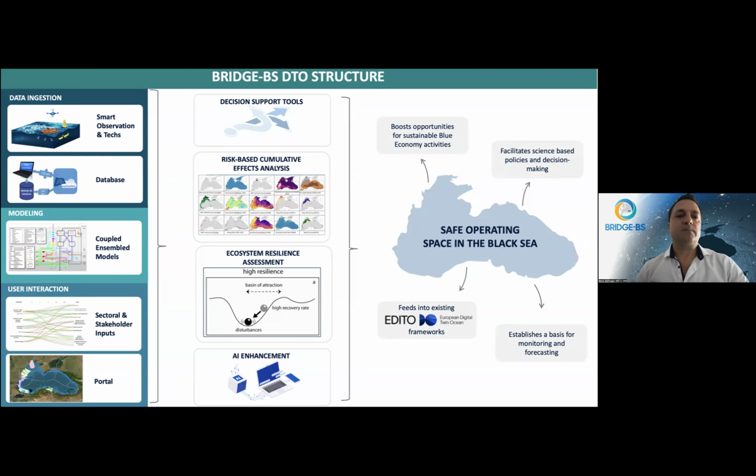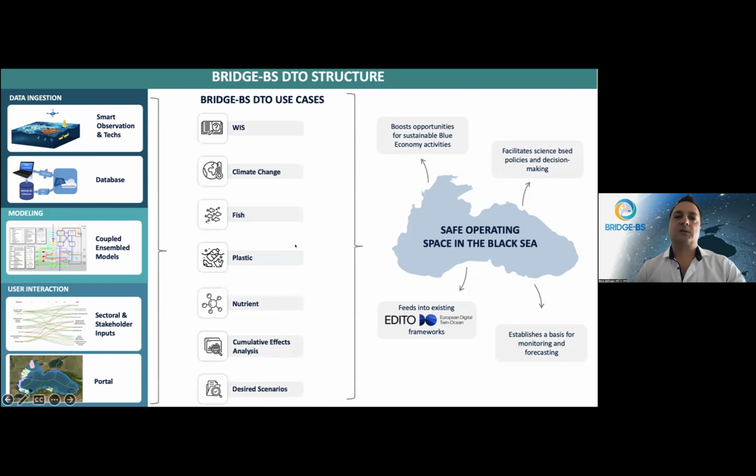In the middle, these key components feed the Black Sea DTO structure: the decision support tools, risk-based cumulative effect analysis, resilience assessment, and the AI emulator. So you need all these different modules to truly address the safe operating space and the planetary boundaries and the boundaries of the ecosystem in a sea.